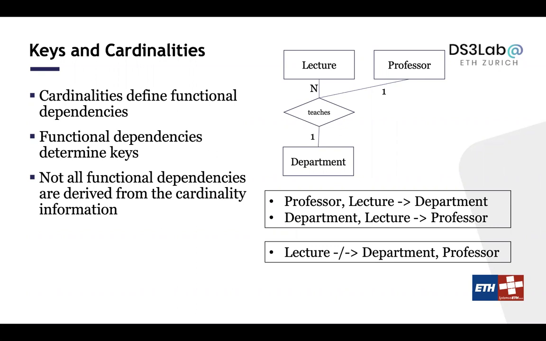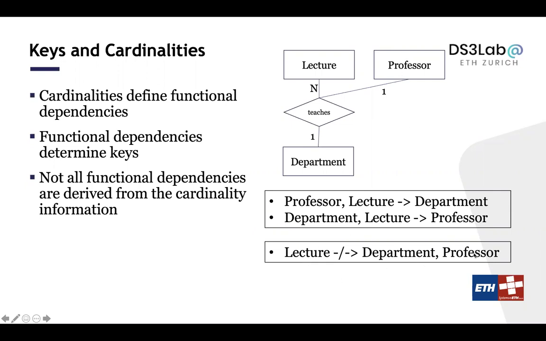For example, if you give me this entity relationship diagram, it actually defines these two functional dependencies. That is, there's a functional dependency from professor, lecturer to department, which means that if you give me professor and lecturer, I know the department. There's a functional dependency from department, lecturer to professor, which also makes sense. Another thing that this diagram tells us is there's no functional dependency from lecturer to department and professor, simply because by reading this, I cannot have this, right?